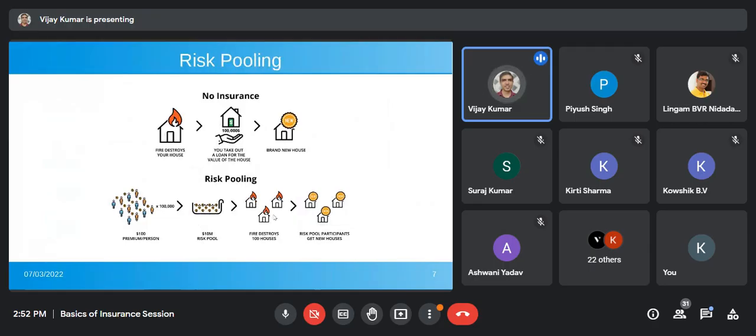If a few of the houses go on fire, you take the money out of the risk pool and then you rebuild those houses. Those few houses which have had fire will approach the insurance company, and the insurance company will take some money from their risk pool and rebuild their houses. This process is called the claim process.